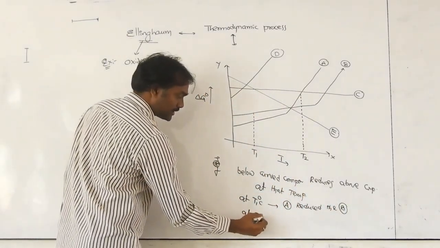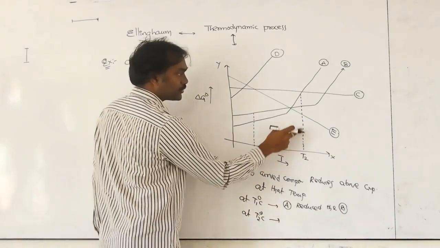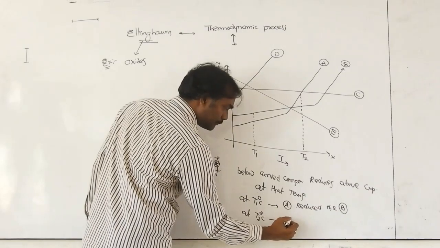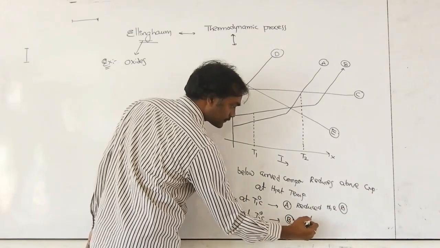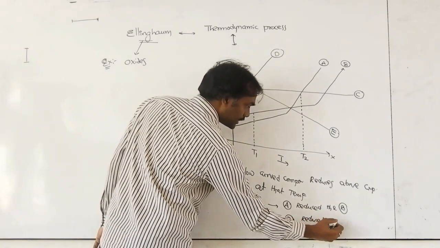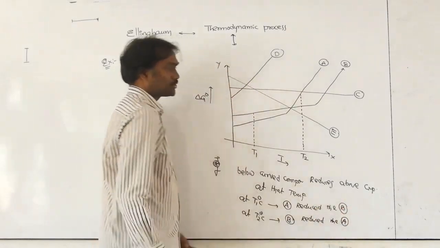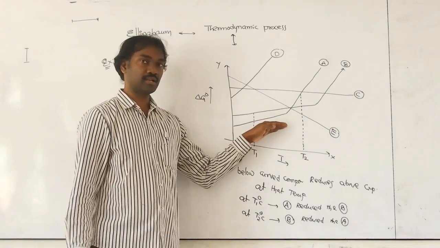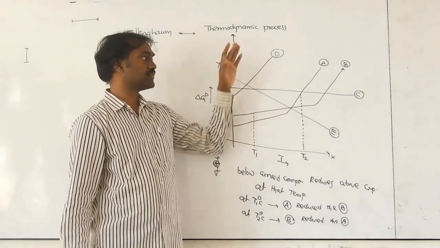Next at T2 degree Celsius, who is below? B is below, so B reduces A. So without doing experiments in the lab, by seeing this, we can tell which one is reduced by which one.